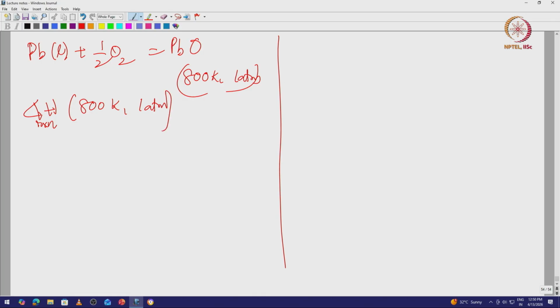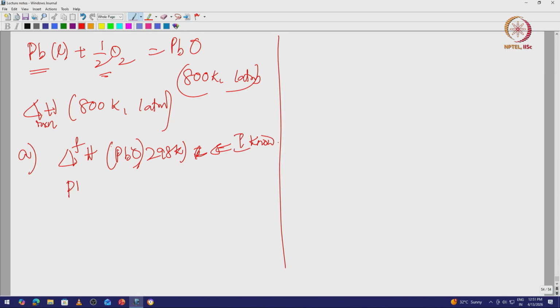Now, at 800 Kelvin H naught of lead liquid and H naught of oxygen is not 0, that is 0 at 298 Kelvin. Now, I give you some information: I know the delta H formation of lead oxide at 298 Kelvin, that is some number, this I know. At 298 Kelvin, lead is in a solid state, plus half O2 gives rise to PbO.